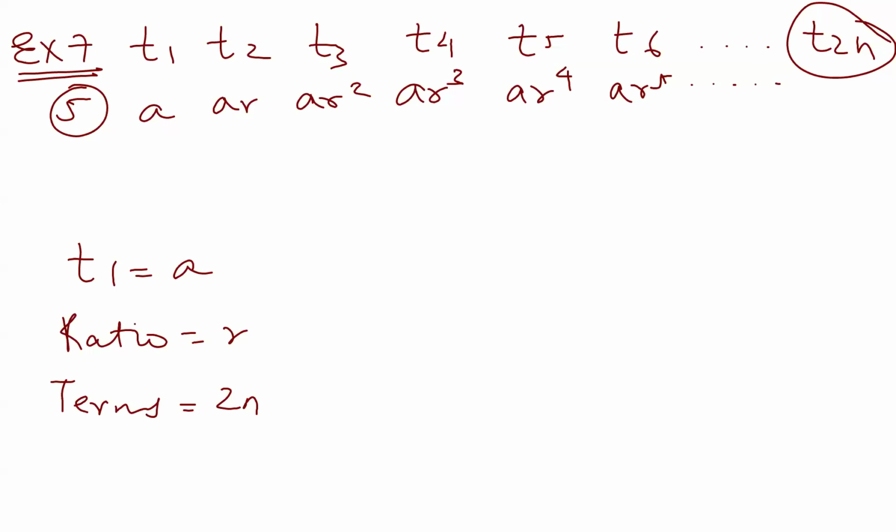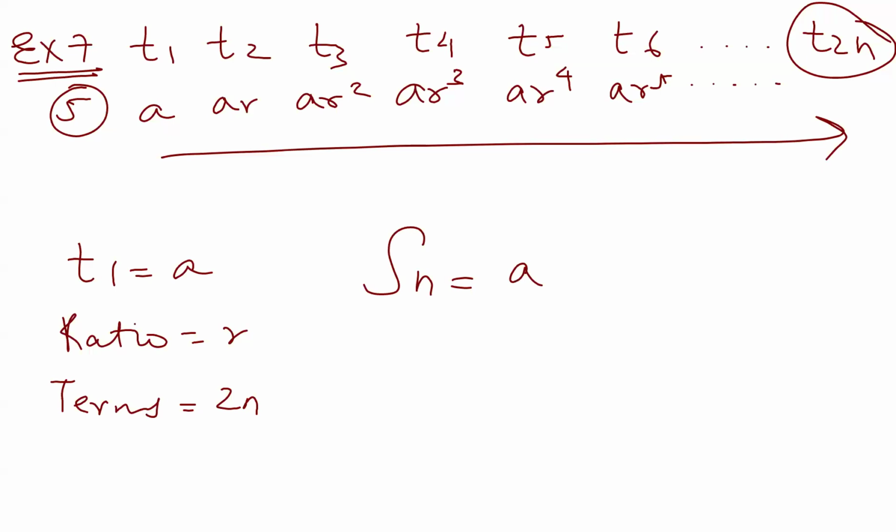So sum of all these terms, if we are adding all these terms, Sn is equal to A times r raised to n minus 1 upon r minus 1. Why are we using this formula? Because we don't know the value of r. This we discussed yesterday.